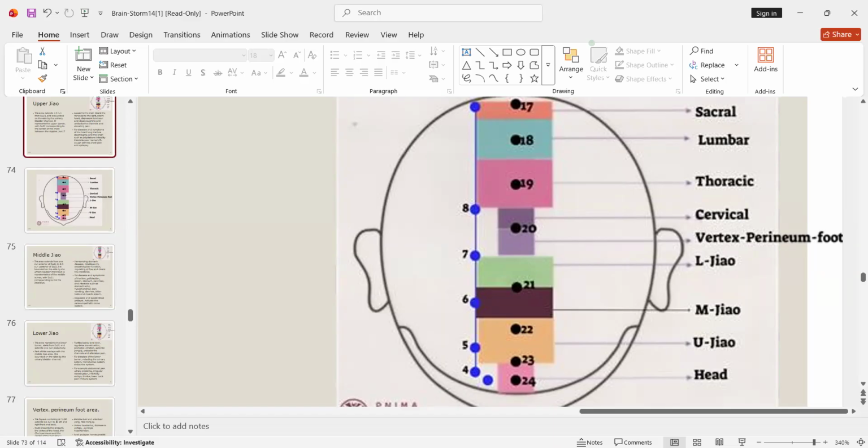Then the lumbar area, all types of lumbar pain are treated with this lumbar area. Then the sacral area, it finishes at DU17. It is a one chun area used for sacral problems, hip pain, and coccyx pain. Then you can put needles here.